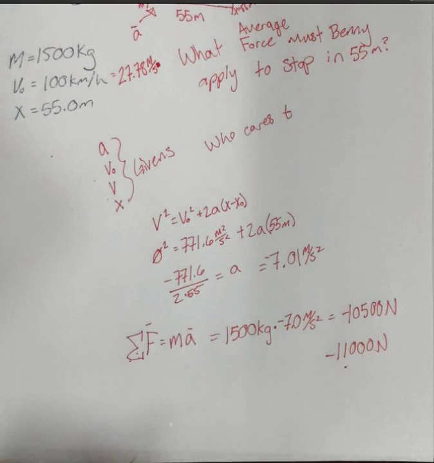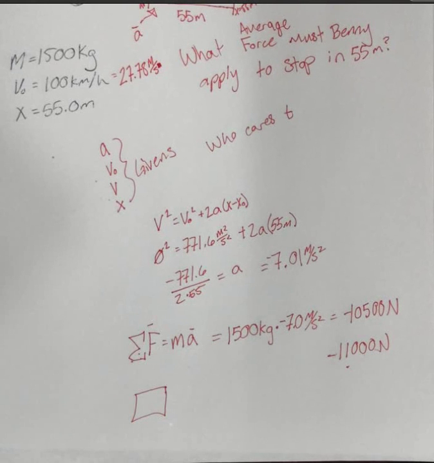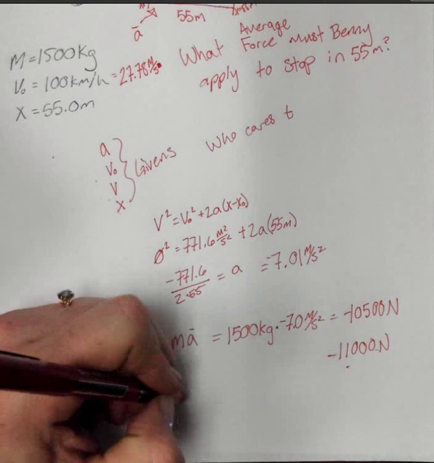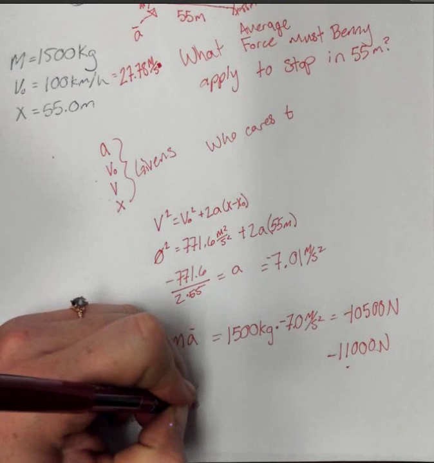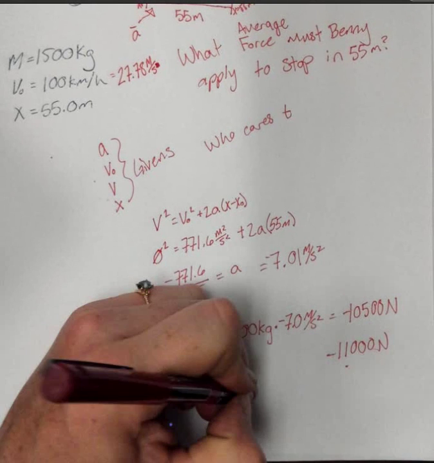That means that solving a problem like this, imagine that Benny and all of the forces that Benny and the vehicle are experiencing are a black box that you can't see into. All you know is that the net force was negative 11,000 newtons.